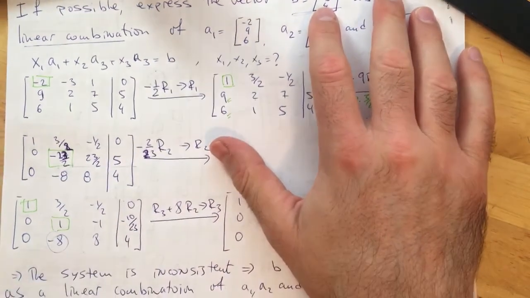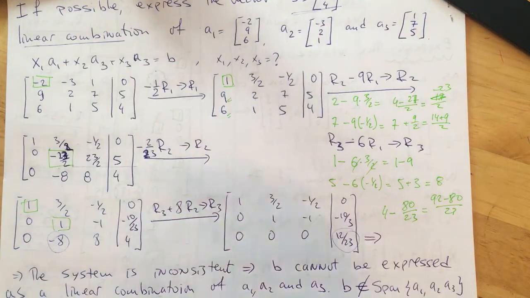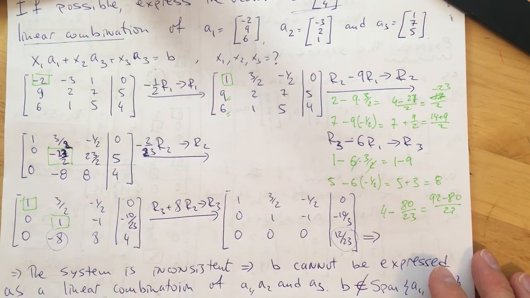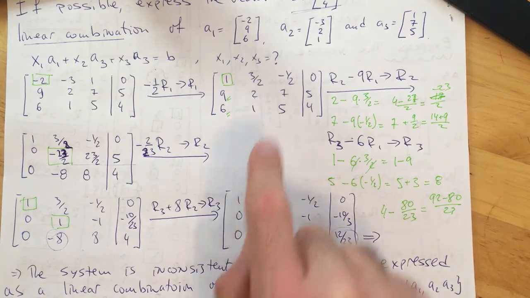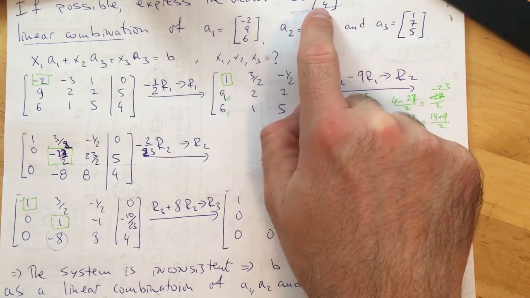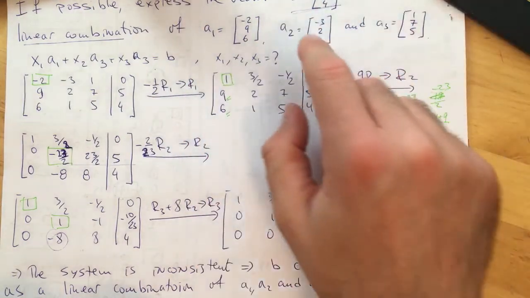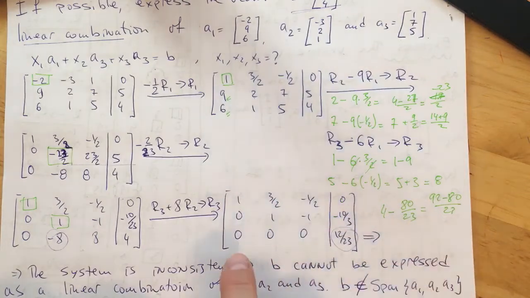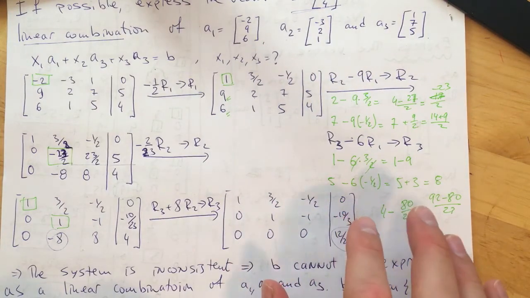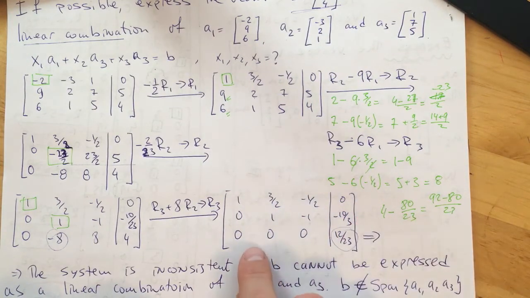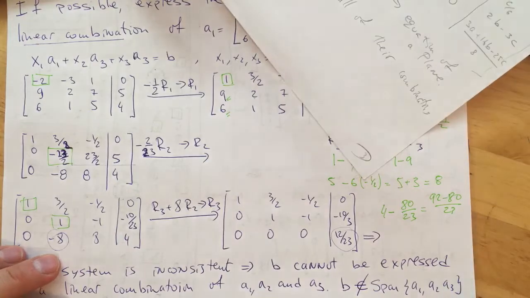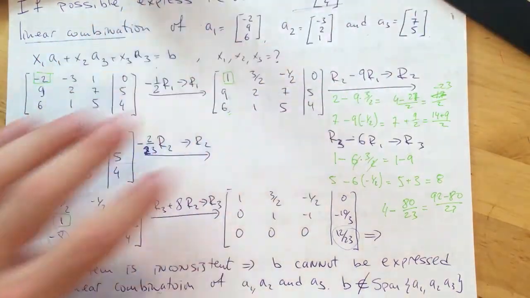Another thing that we mentioned is that these three vectors don't span the whole three-dimensional space, which means their span is a plane. We will determine that by the next question.